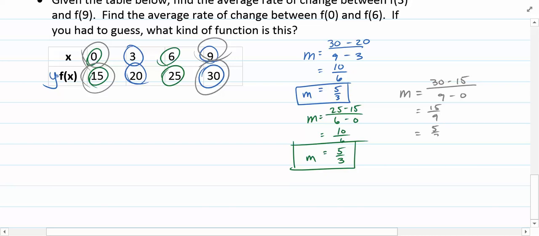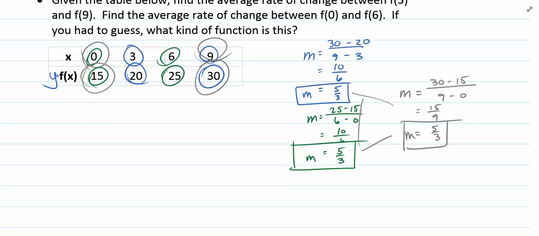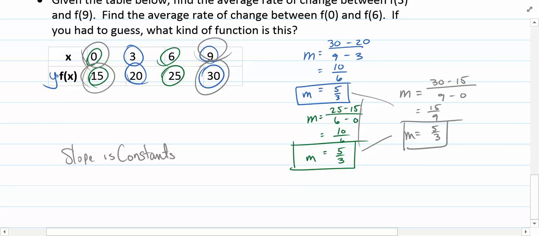That reduces to 5/3 as well. All three of these slopes are calculating the exact same. They are the same throughout the entire function. So we would say that the slope is constant. It's constantly the same.